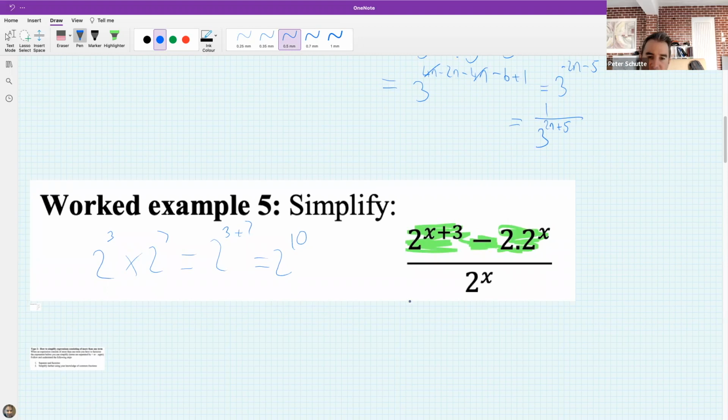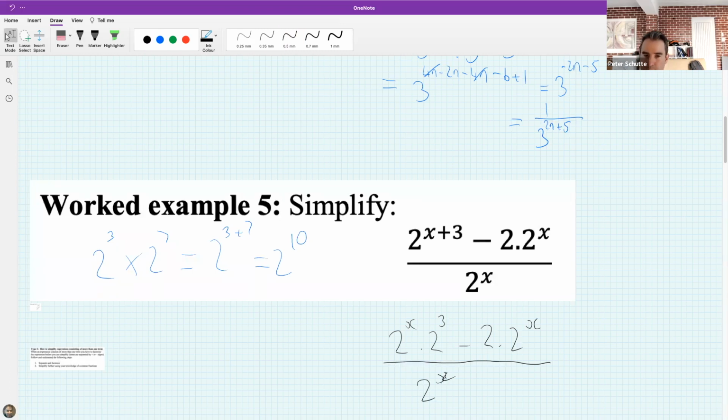And so the way we handle this type of question is we look at the line that has multiple terms, and we break up the term to show us a common factor. And so what I would do is I would rewrite this top line like this.